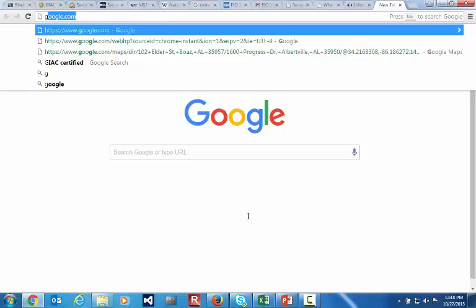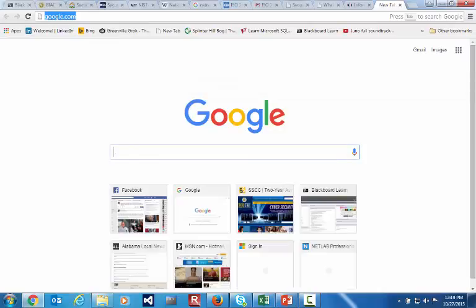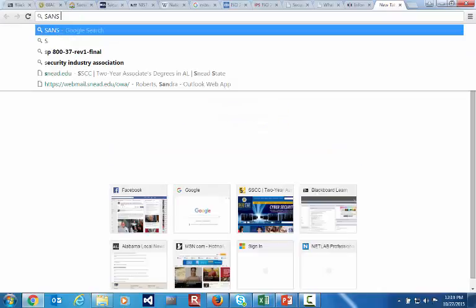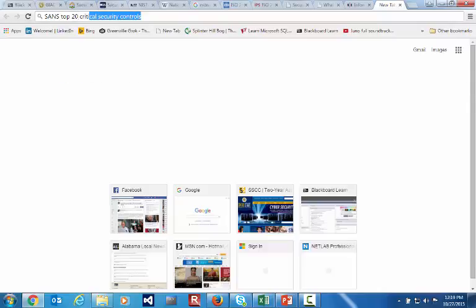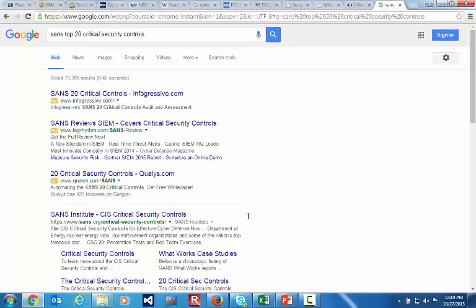Let me just take a minute to do this. I'm trying not to get this PowerPoint to be very, very long, but I think my RAM is a little bit full. There it is, the top 20 critical. All right. And I need to put this one in there too.